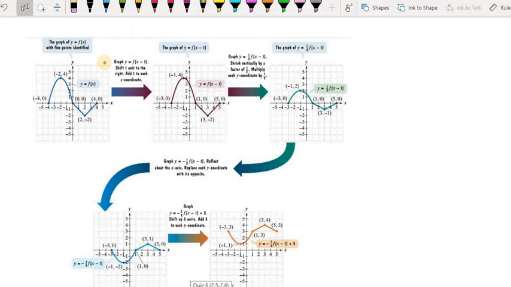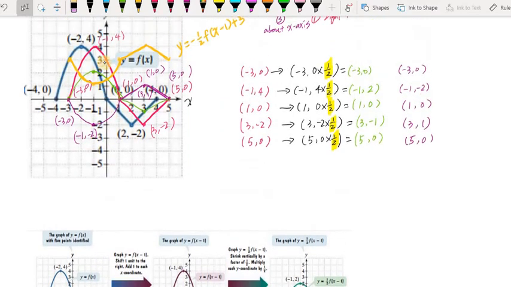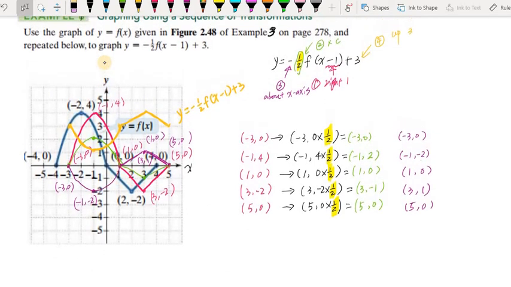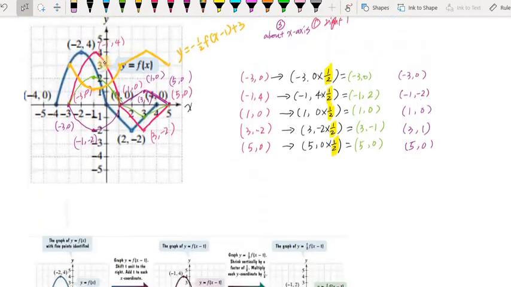And then from there we multiply y coordinates by c. This is where the green comes from, and then we did a reflection, and then from there we're moving up 3. So this is a little bit clearer step by step, but the concept we have done is exactly the same.